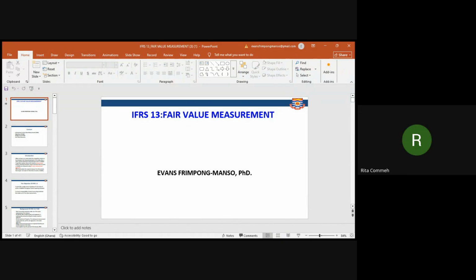Fair value, IFRS 13. The IFRS 13 that I talked about is on fair value measurement. When you say an item is fairly valued, what does it mean?